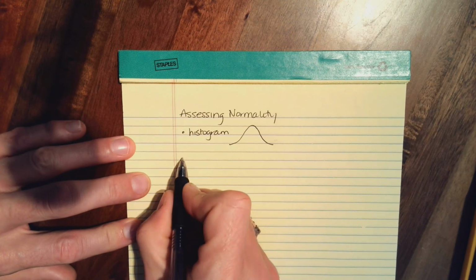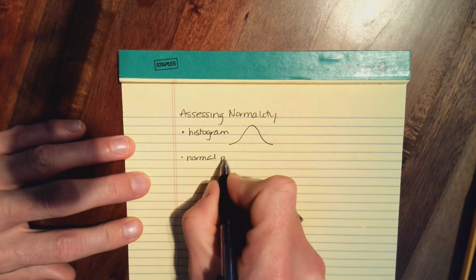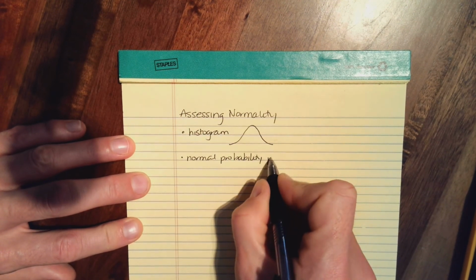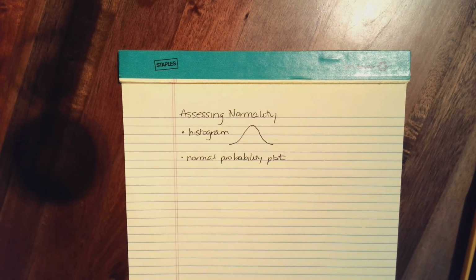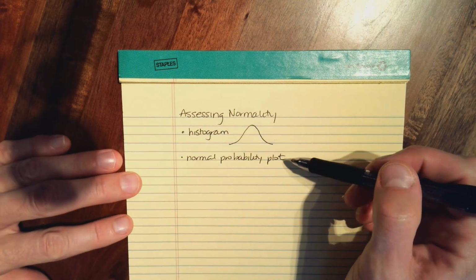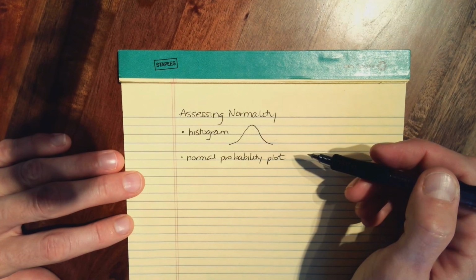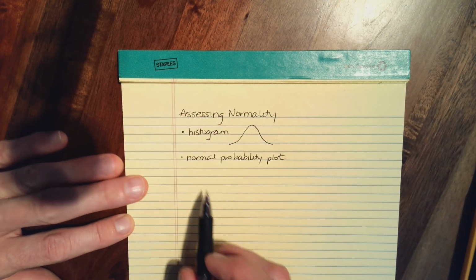But we have another method which is called a normal probability plot. And so the way that this works is that we consider our data and what it would look like if it were normally distributed. And so we plot the raw data against a z-score.